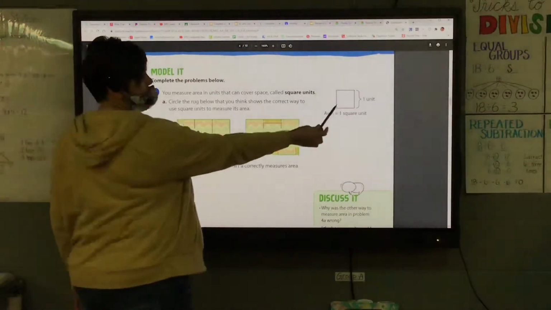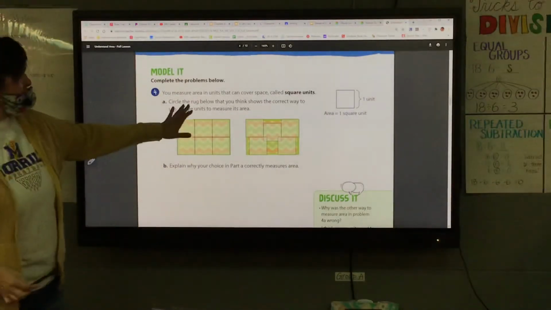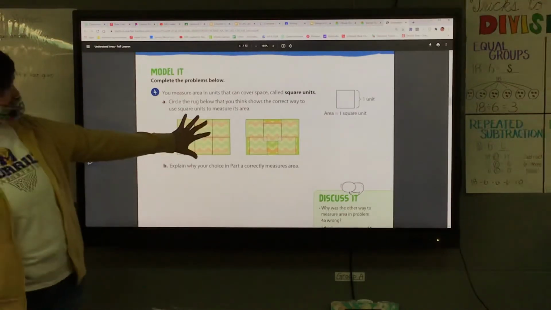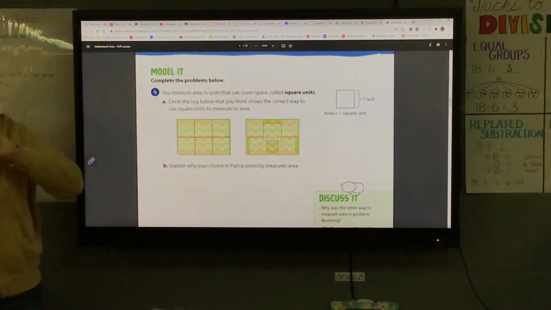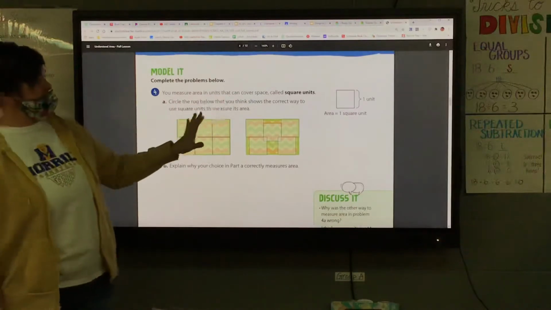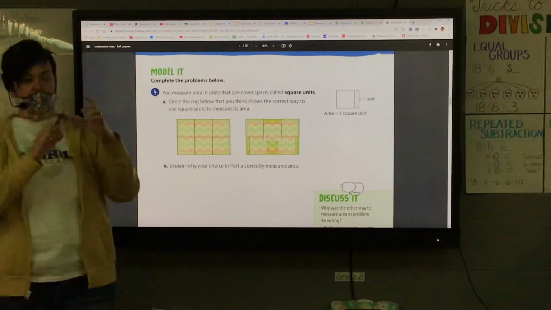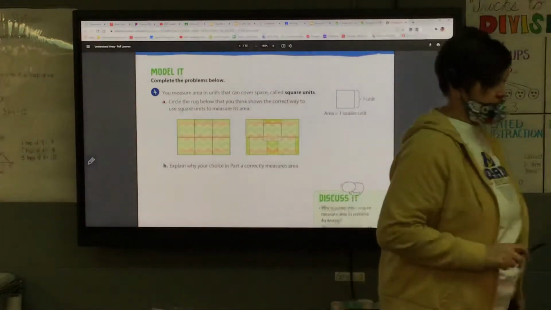If we look over here, this is 1 square unit. Circle the rug below that you think shows the correct way to use square units to measure its area. Is it this first one or is it the second one? Circle the one you think is correct, how they're using the square units, like they're setting those square units on top of that rug.